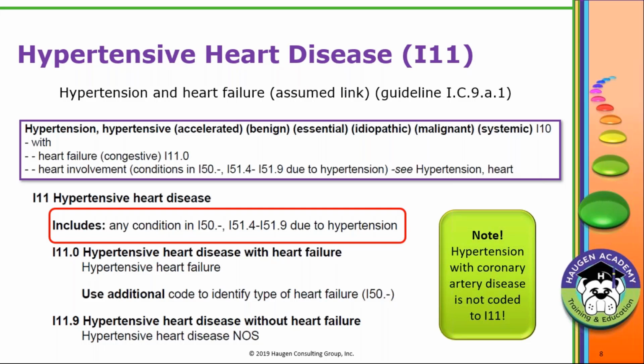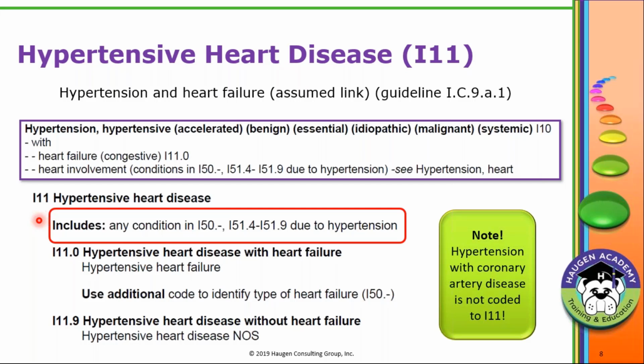So we now assume a cause and effect relationship because WITH is embedded right underneath hypertension in the index, and then you'll see heart failure and heart involvement are included there. Really important notes at the category level in the tabular list, though.